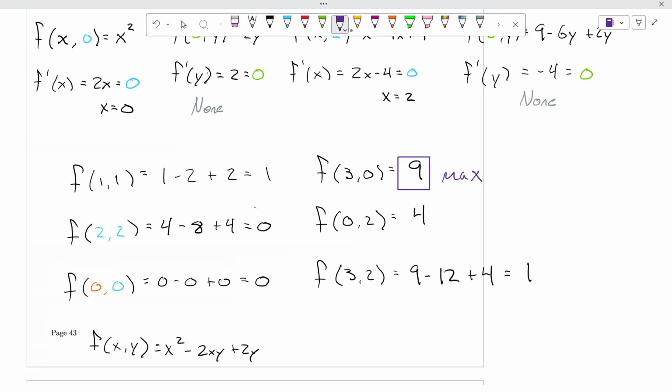And then my minimum is the smallest among these points. There we go. That'll do. So I get those two minimums, both along the boundary.